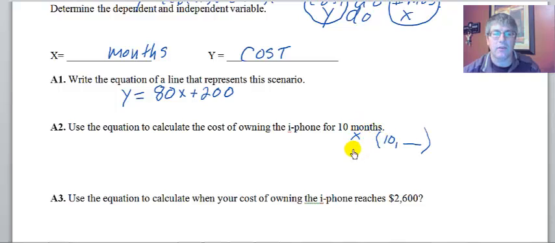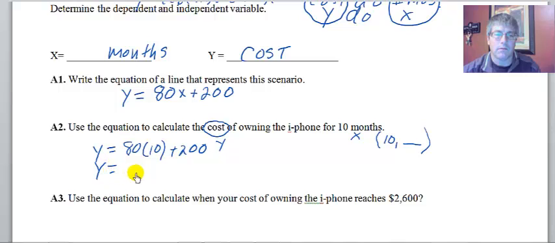I have an X value, and I want to calculate the cost, which is Y. So using my equation, Y equals 80 times 10 plus 200, a little arithmetic here, 800 plus 200, and we get Y equals 1,000. So after 10 months, it costs me $1,000. And so that's my ordered pair, 10, 1,000. For 10 months, it costs $1,000.